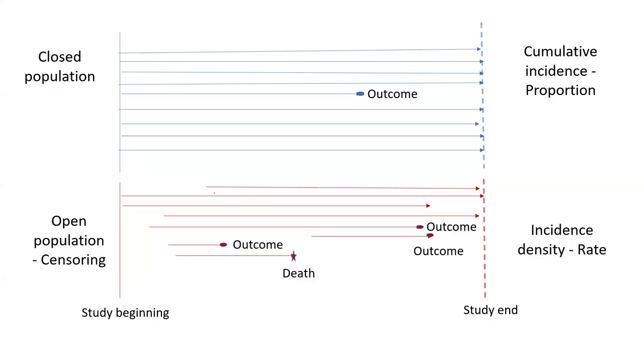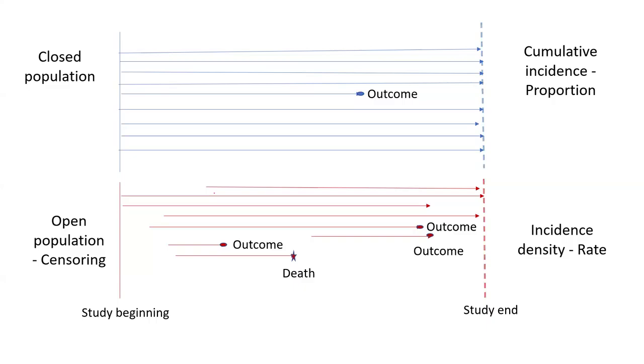The outcome is usually rare, and alternative outcomes like dropout, or death if your outcome is not death, are also very, very rare. So the majority are entering and exiting your study at the same point in time. That is known as a closed population.